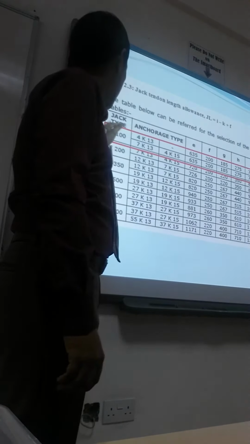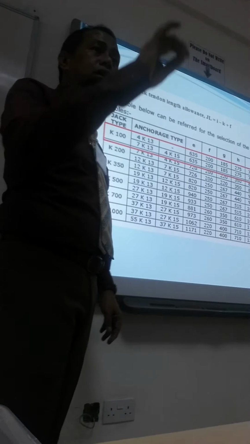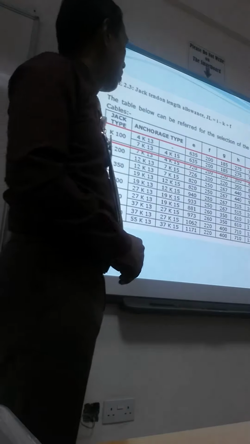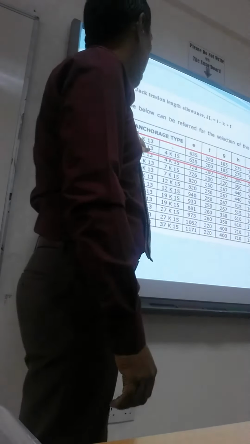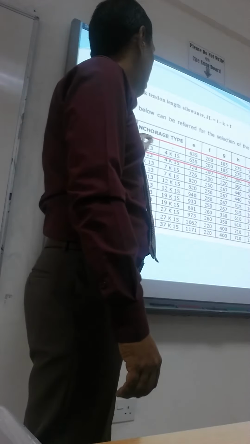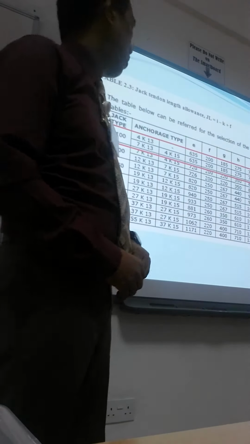Then we are using the jack type K100 as stated in your takeoff list. It is described there. Okay. Then 4K is for exterior beams, and 7K for the interior beam.